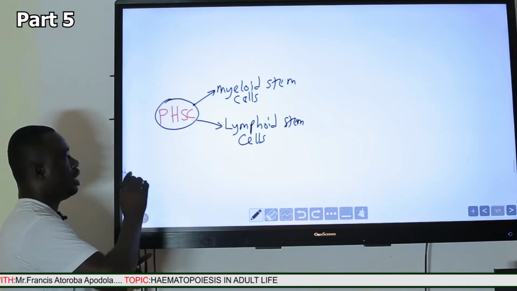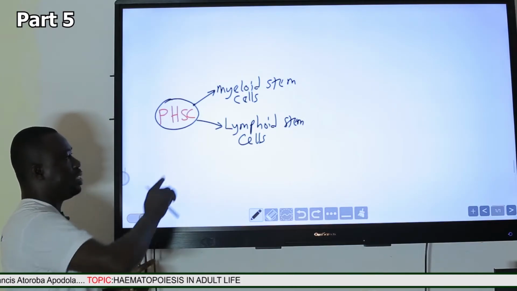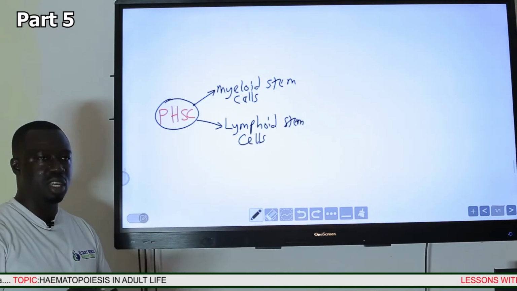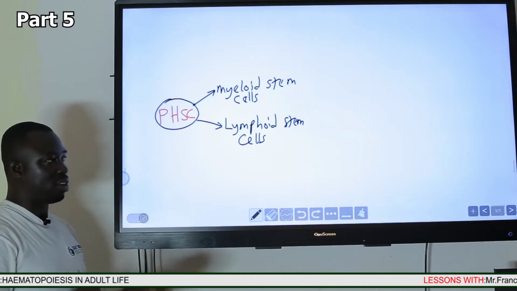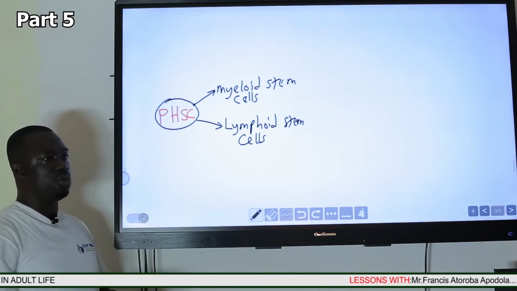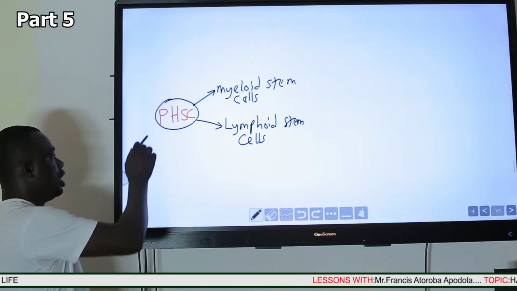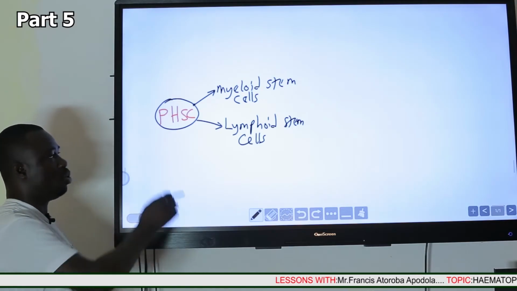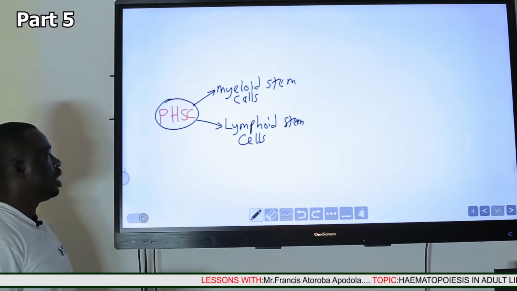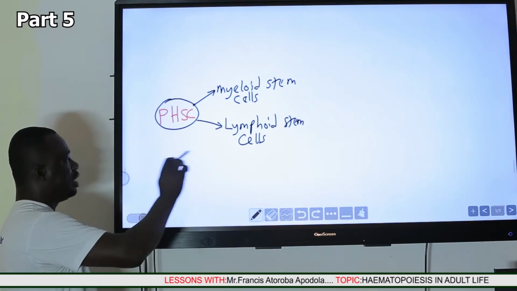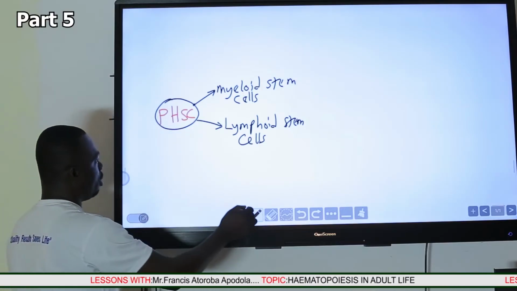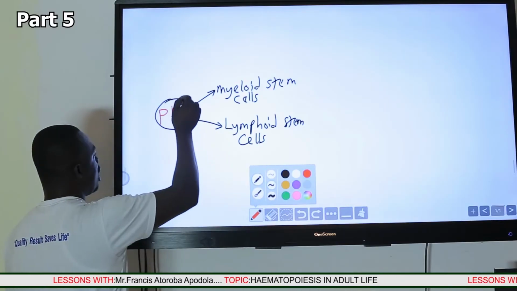Therefore, this implies that hematopoiesis will come to a halt when the terminally differentiated cells are lost in circulation and we want to start the process of hematopoiesis again, we will not be able to start it again because the only hematopoietic stem cell has already been used up. This means that for hematopoiesis to continue, anytime we are about to begin the process, the pluripotent hematopoietic stem cell must self-renew.